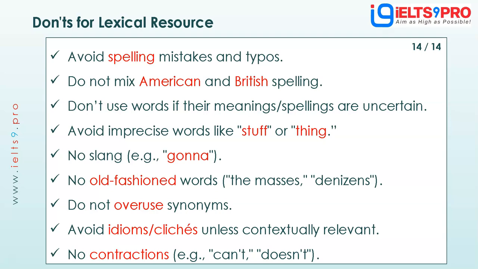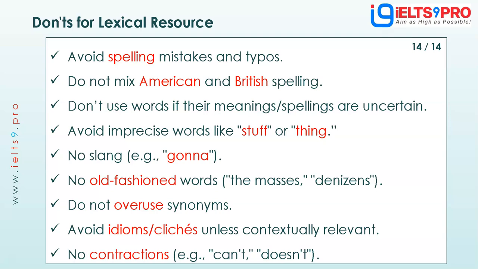It doesn't matter which, but don't mix them up. If you're going to use American spelling, and also there's meter and center. Ours is C-E-N-T-R-E, theirs is C-E-N-T-E-R, etc. So don't mix them up.